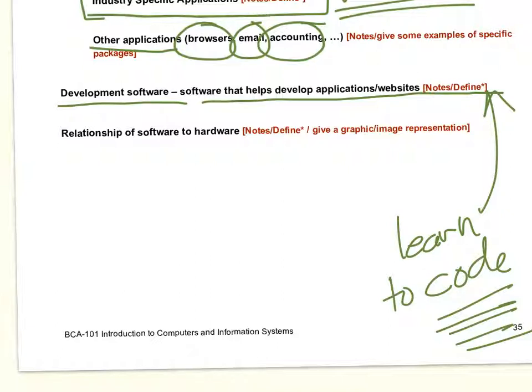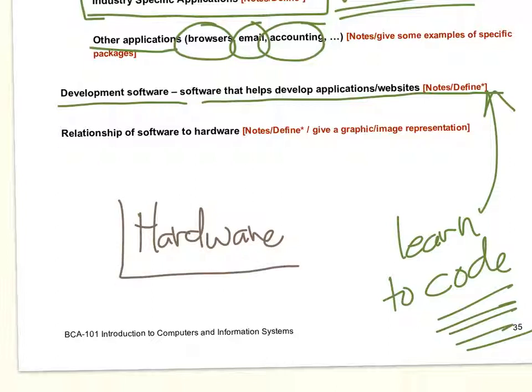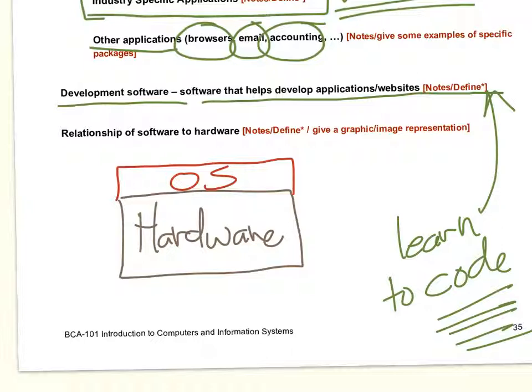And again, if this is the hardware, I want you to remember that I've drawn multiple diagrams. What deals with the hardware is the operating system, some type of system software. And what deals with that is some application.